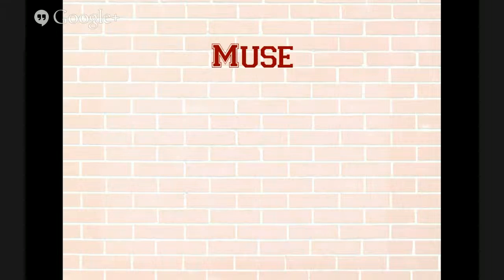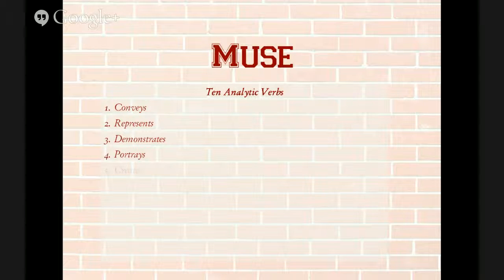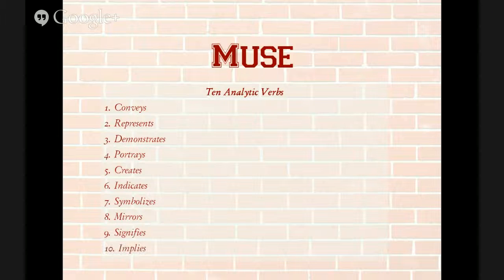Well, again, if you were here for our forum course, you will remember these 10 analytic verbs that help us move from that first level of thinking to that second level of thinking, jumping to a higher and higher level of thinking. So words like conveys, represents, demonstrates, portrays, creates, indicates, symbolizes, mirrors, signifies, and implies. These 10 verbs help us think on that higher level.